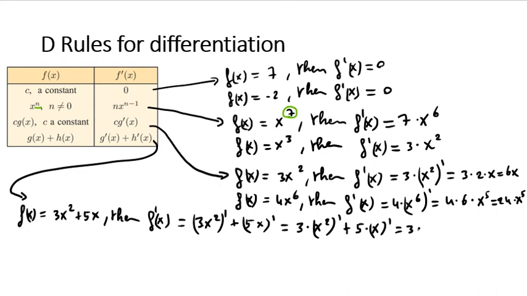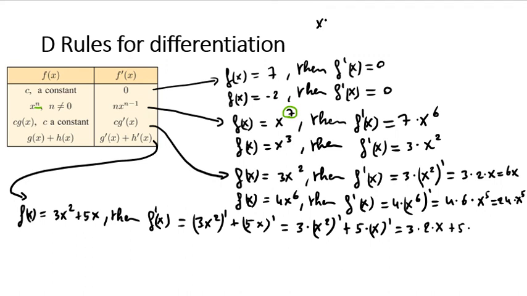Okay, so 3 times the derivative of x to the power of 2 is 2 times x, because you move the exponent to the front, so you do times the exponent, and you lower the exponent by 1. So x to the power of 1, or just x, plus 5 times the derivative of x. The exponent is 1. So I will write that down here first.